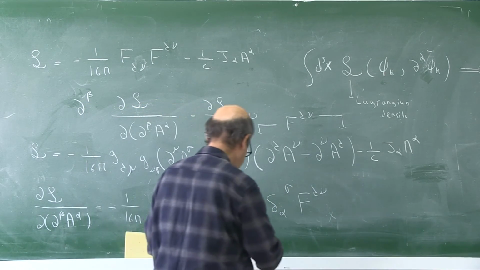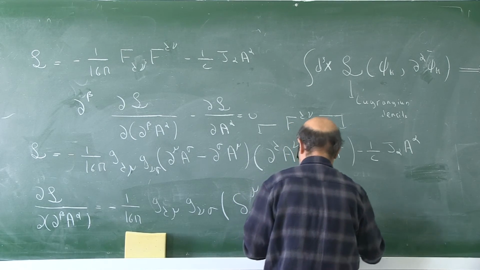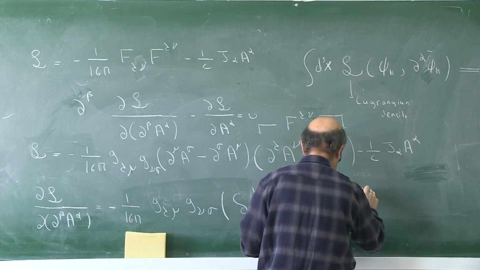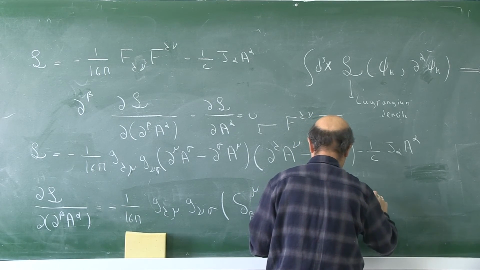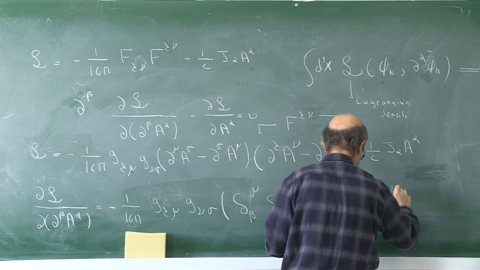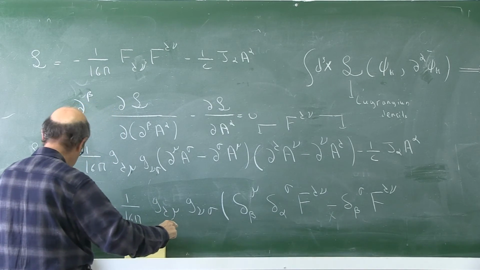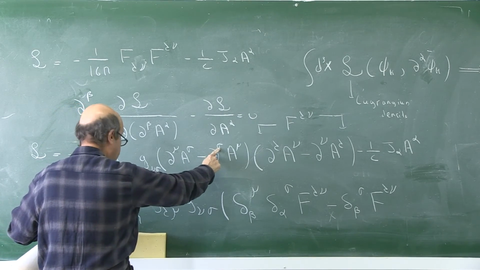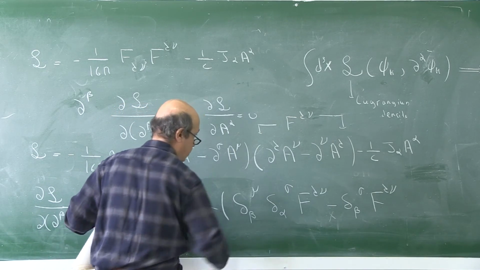So the other term will be minus Kronecker delta sigma beta f lambda mu. So let me control, this is the important point, so we have to control again. Sigma beta mu lambda multiplied with f lambda mu.